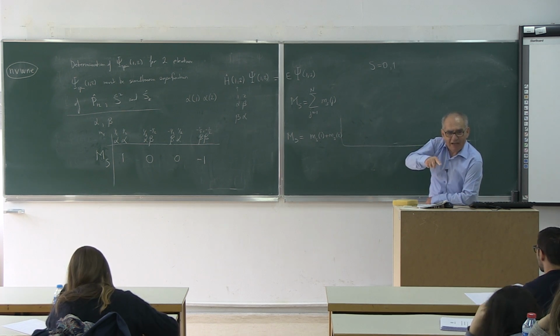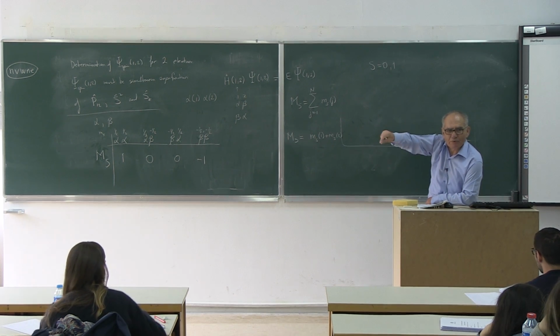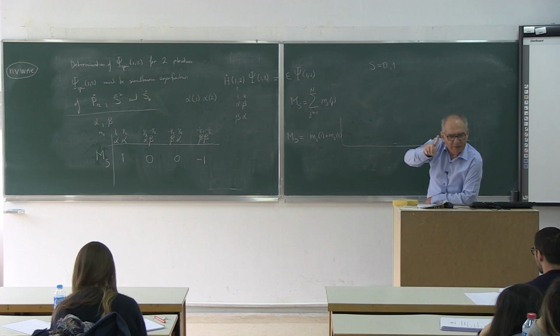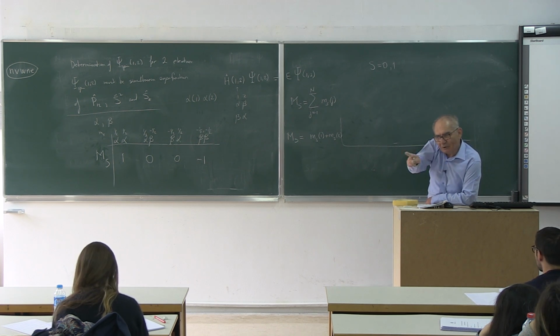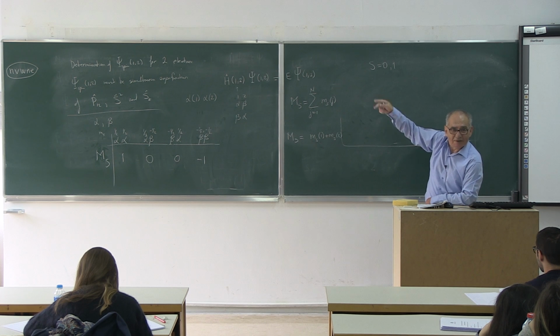If S is 0, which word do we use for that case? Remember spin multiplicity, 2 times S plus 1. If S is 0, 2 times 0 plus 1 is 1. What is the word corresponding to 1? Singlet. If S is 1, on the other hand, what is the spin multiplicity? 2 times 1 plus 1, 3.